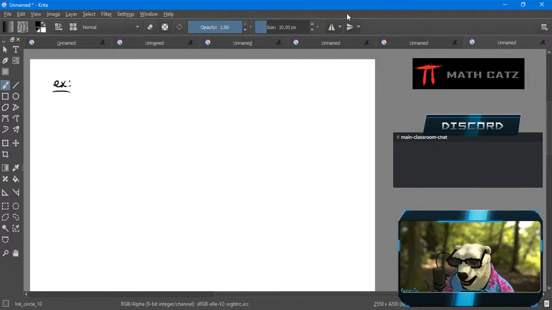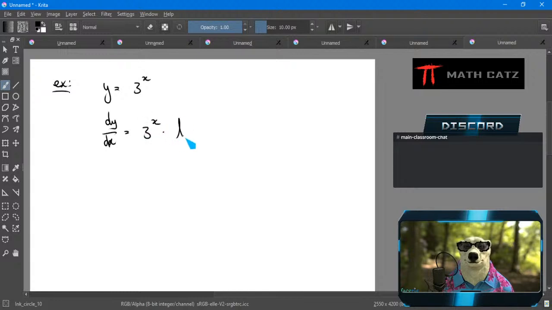Let's do a couple basic examples. Let's call it y. Let's call it 3 to the x. Simplest case. I see exponential function. Base is not e. The derivative is 3 to the x, but because the base isn't e, I have that number popping out.